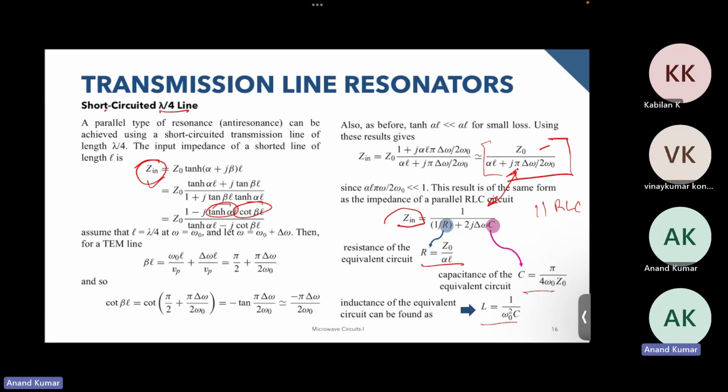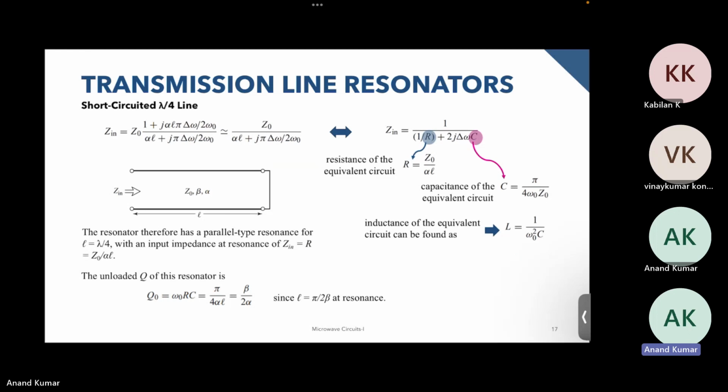To put it in simple words, we are just finding the input impedance for the short circuited lambda by 4 transmission line section, and we see that the Z input is similar to either a parallel or series RLC circuit. We then find the equivalent resistance, capacitance, and inductance for the circuit.